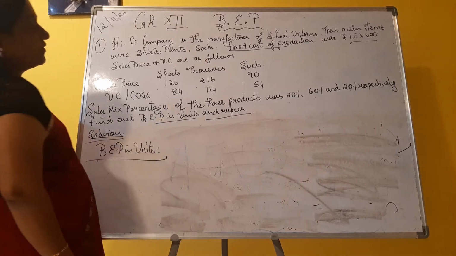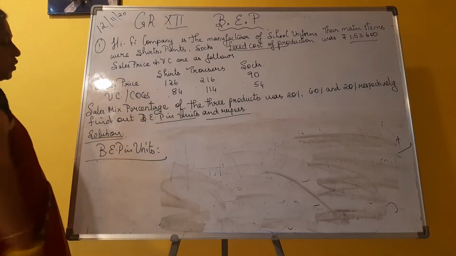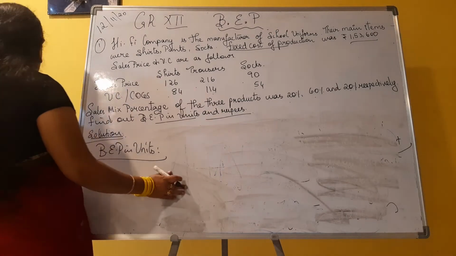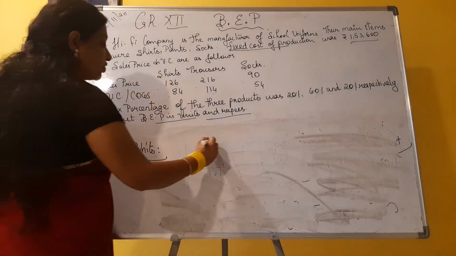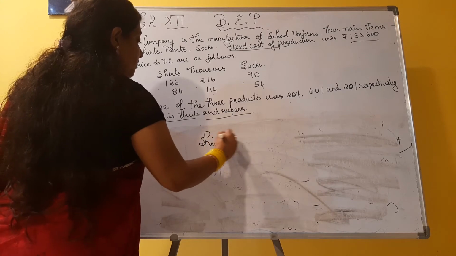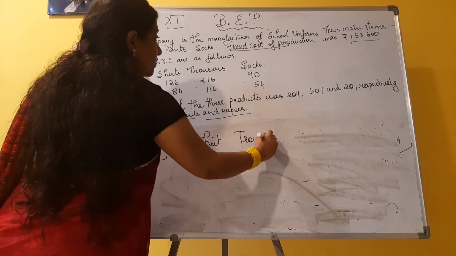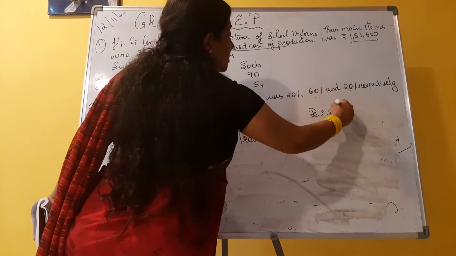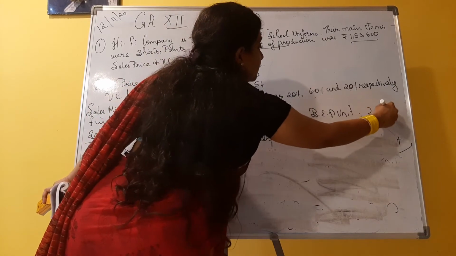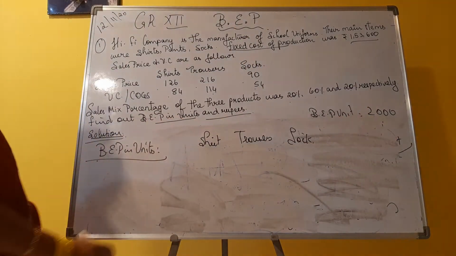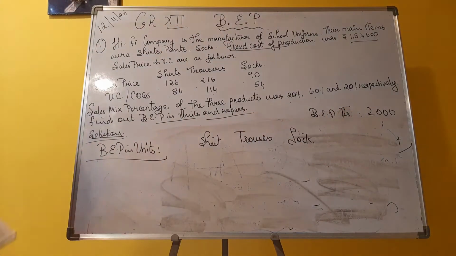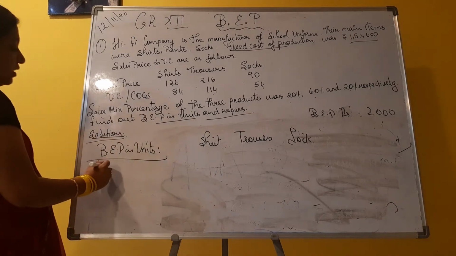The first one that we arrive at is BEP in rupees. It is always convenient to do BEP in rupees first, then you can easily do BEP in units. Now for shirt, trousers and socks, remember BEP in rupees is 2000 rupees.